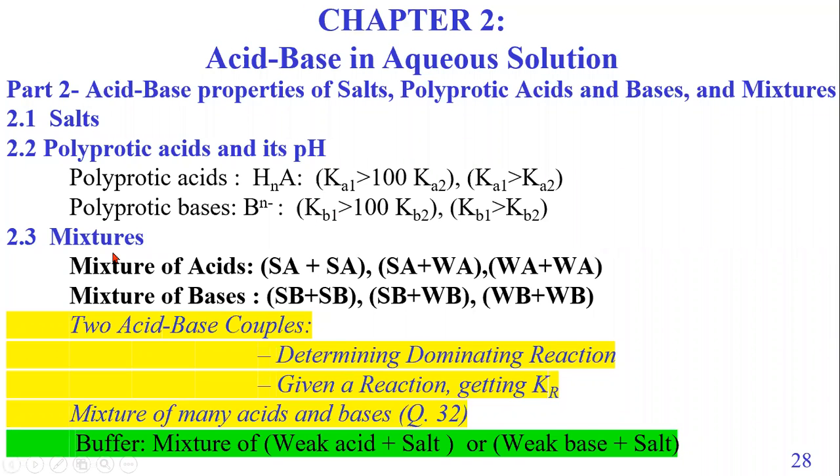Last time we talked about mixtures of a few acids, when acids are mixed together, or mixtures of only bases, when bases are mixed together. In those reactions, either the acid was a strong acid where it takes over, or the stronger of the weak acids takes over.